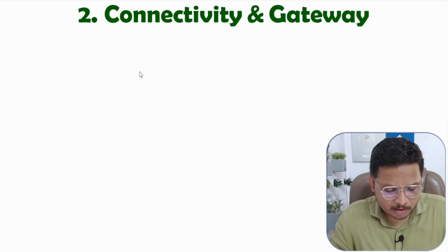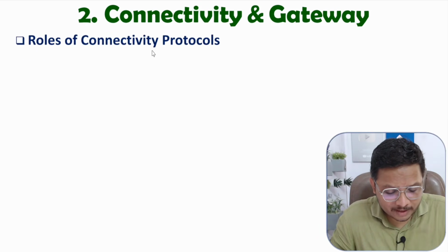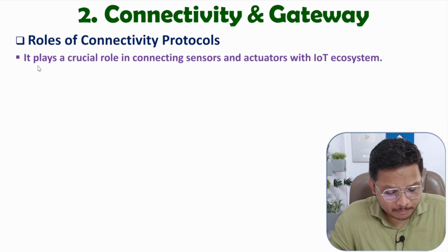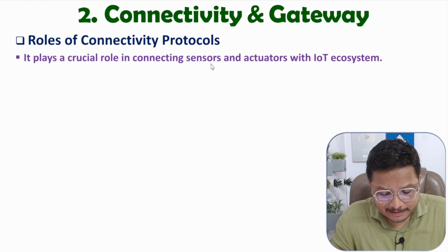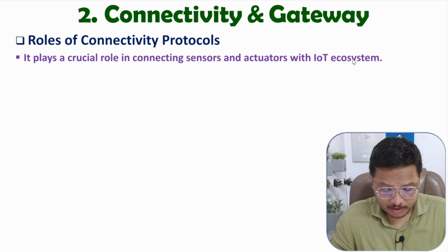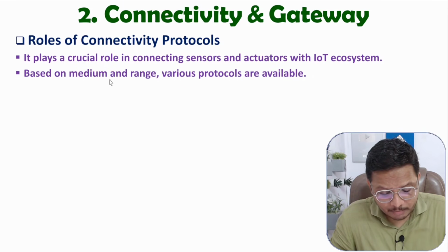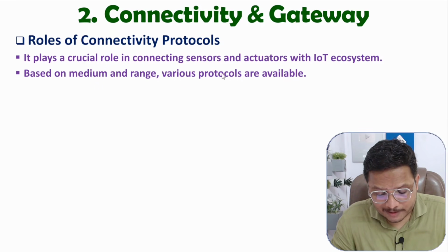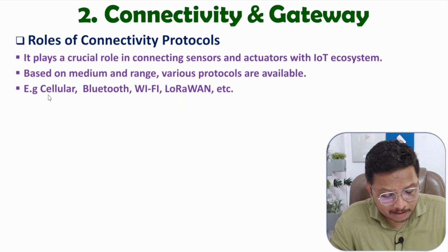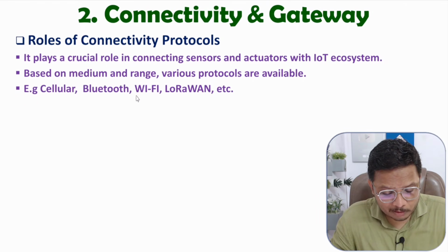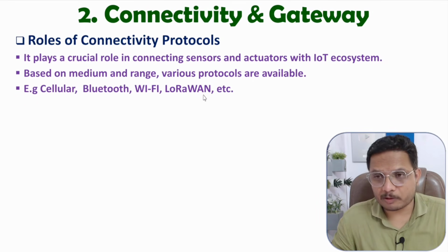Let me discuss those essential rules of connectivity protocols. It plays a crucial role in connecting sensors and actuators with the IoT ecosystem. Based on medium and range, various protocols are available, like cellular protocol, Bluetooth protocol, Wi-Fi protocol, and LoRaWAN protocol.